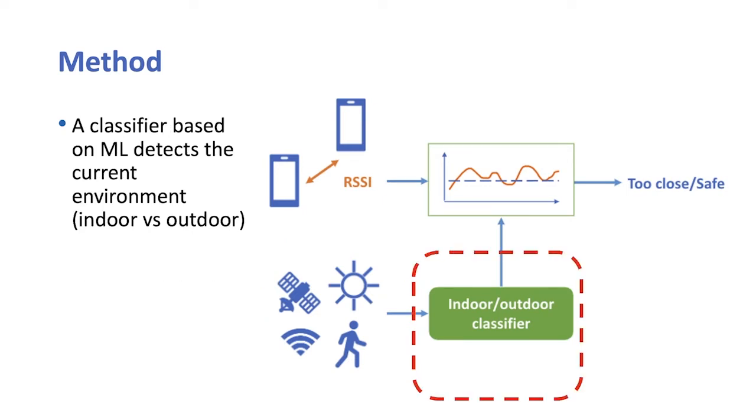This information is given as an input to a machine learning based classifier that produces as an output the current environment, that is indoor or outdoor. So we have just two classes, indoor and outdoor.